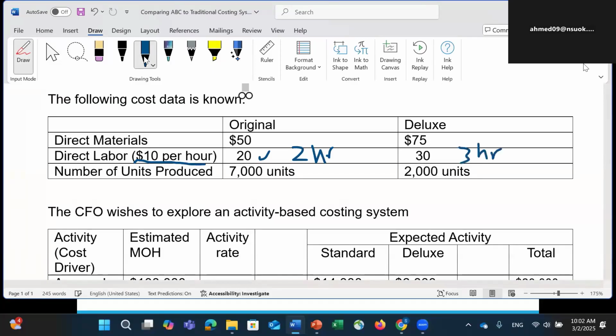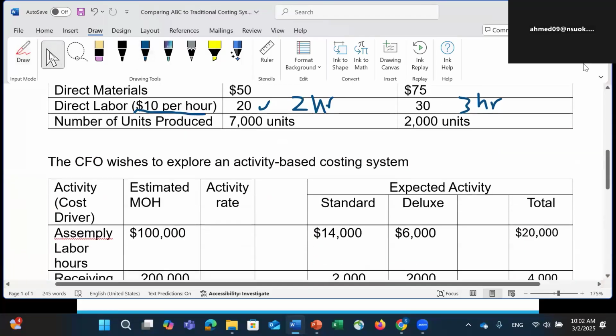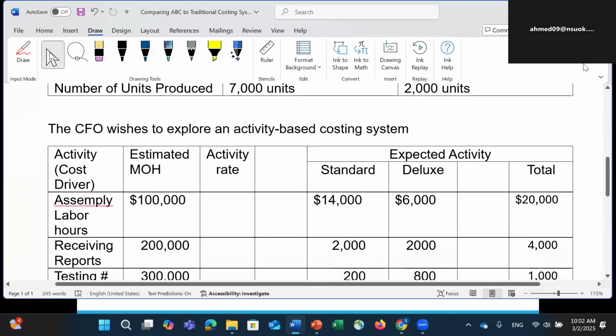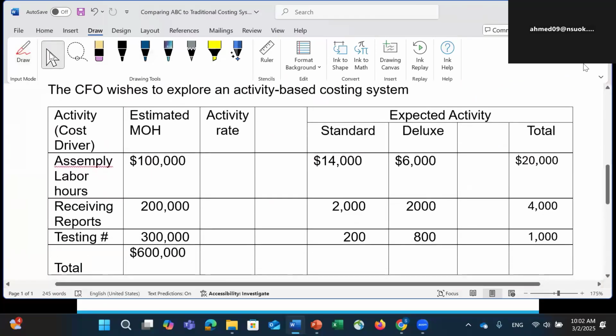So just go backwards a bit. Remember that 20 is 2 hours times 10. That's what it is, so we should know that. The CFO wishes to explore an activity-based costing method, for which we are given this information.